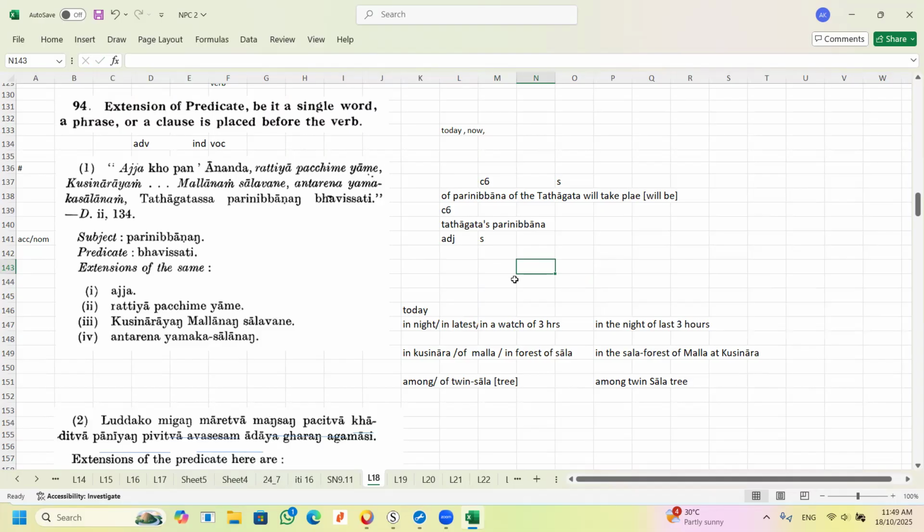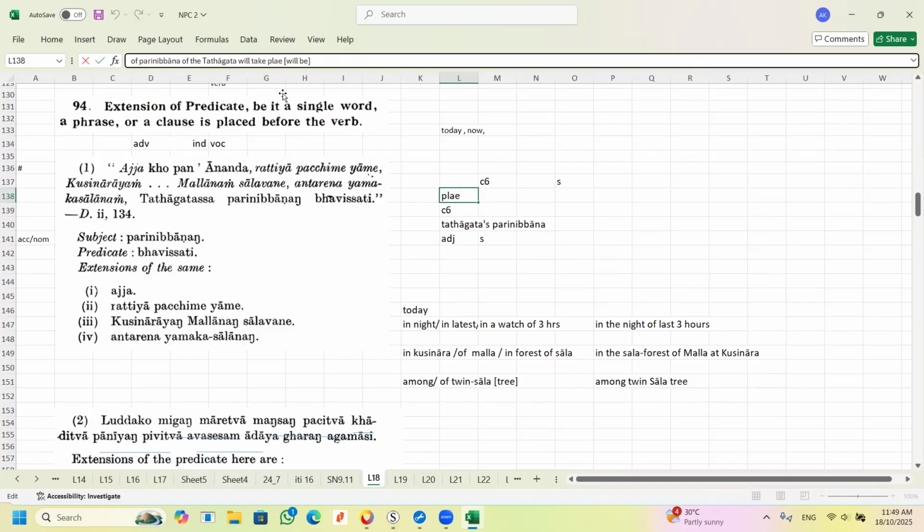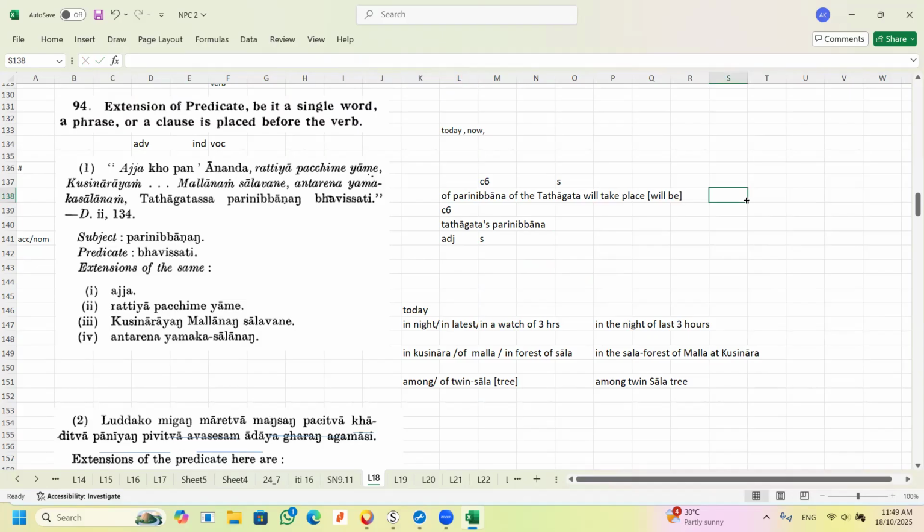Okay, finished. Then this one, the word will be, means will take place. I put take place so that you can understand better. Will happen. Understand? Follow?